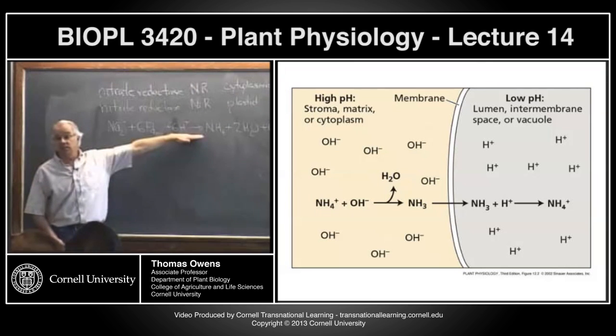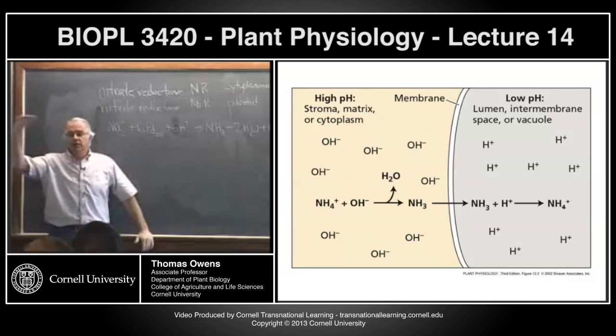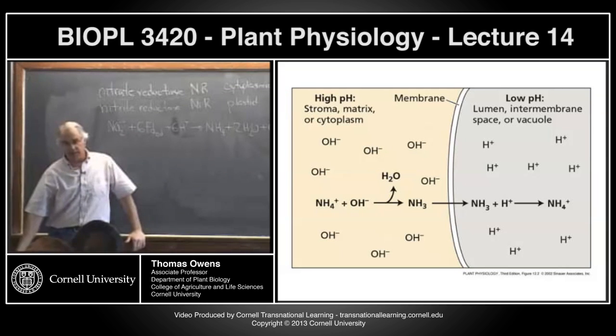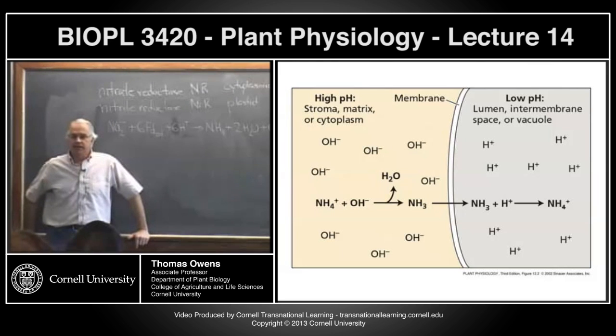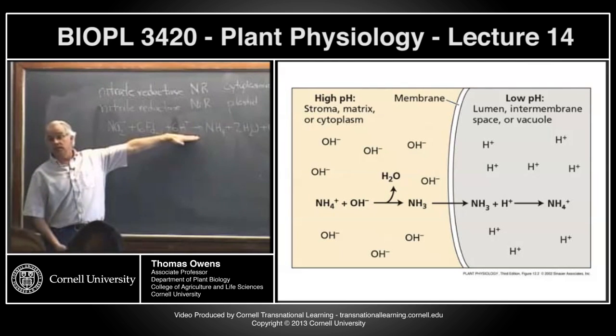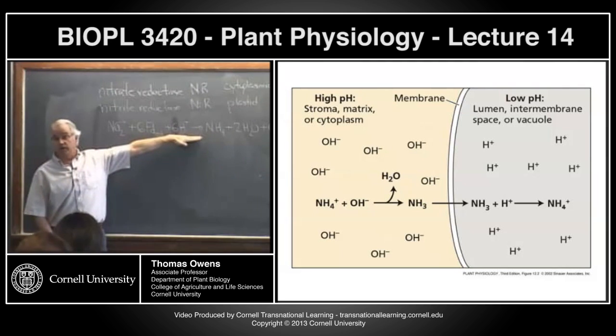And now we can see why it makes sense, at least in some circumstances, that nitrate reductase is regulated by light. That in the light, the nitrate reductase enzyme, the phosphate is taken off of it, and it's activated. In the dark, the phosphate is stuck on, and it's turned off. Because, at least in those plants where nitrite is reduced in the leaves, there's a big light requirement here. Right?